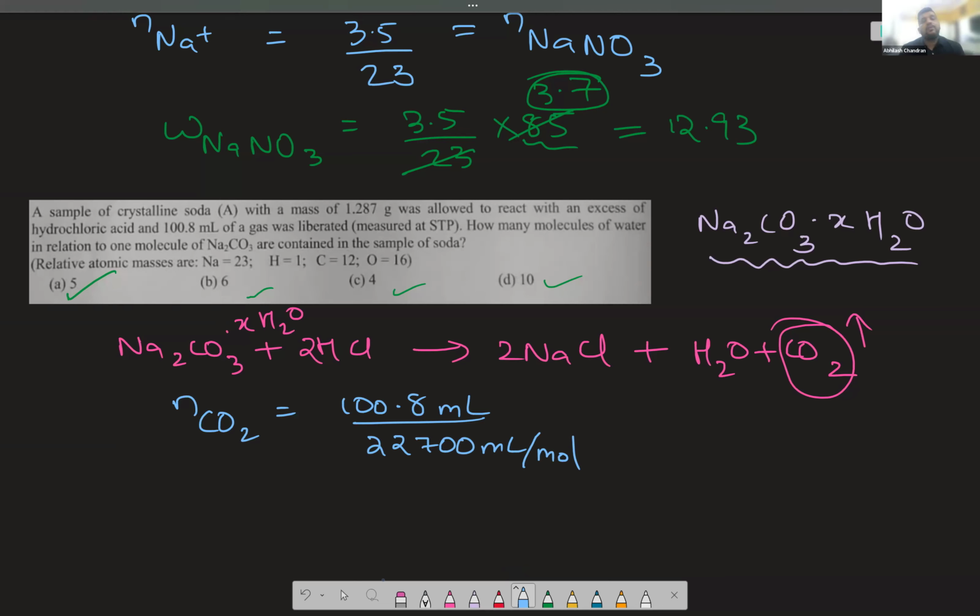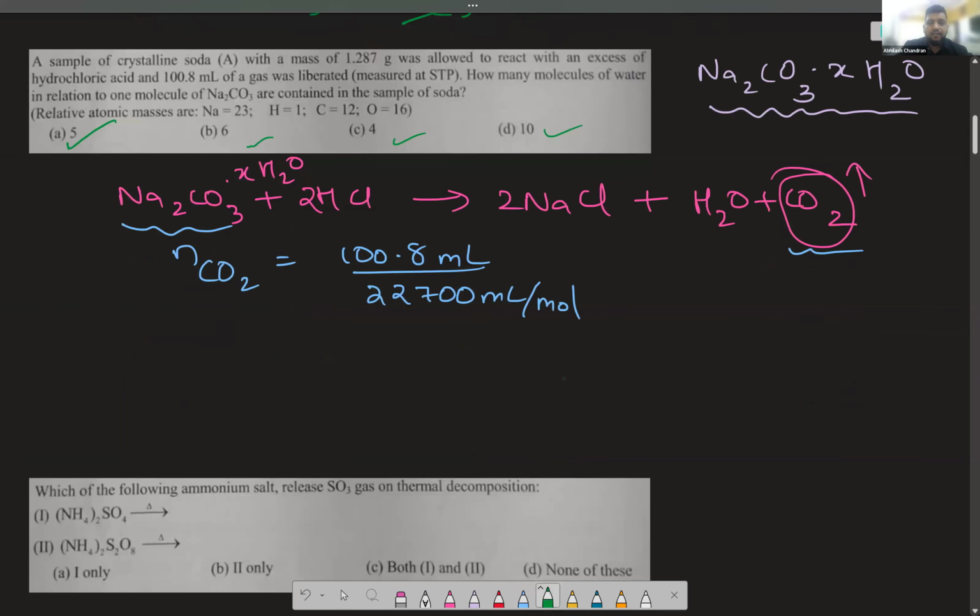So this is supposed to be equal to the number of moles of Na2CO3. Now think about this. Each Na2CO3 is going to give me 1 mole of CO2. So each Na2CO3·H2O is also going to give me 1 mole of CO2. So the number of moles of these two things should be the same, right?